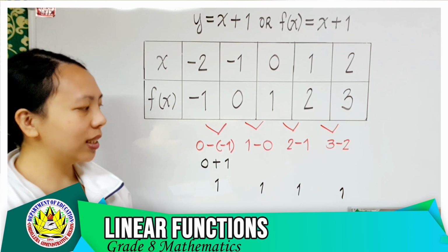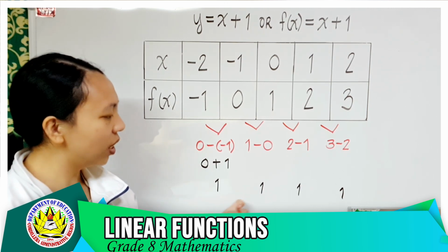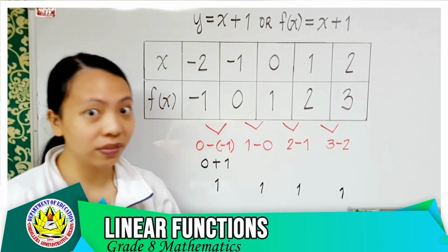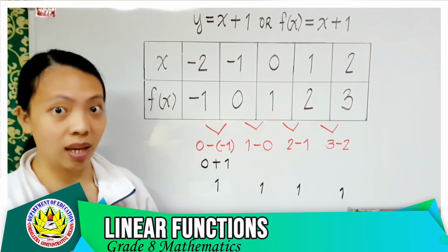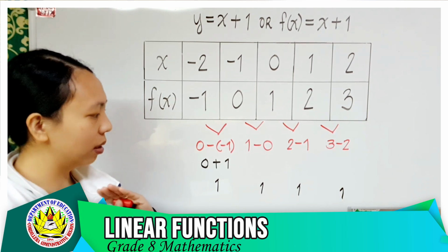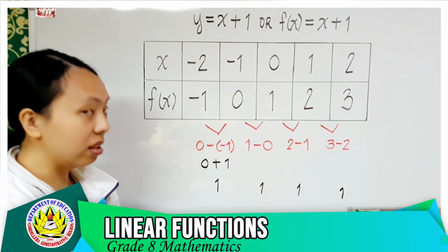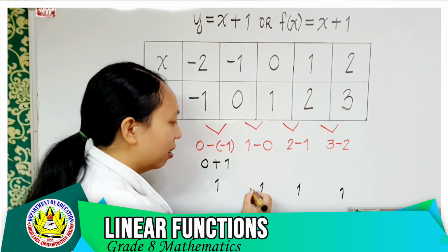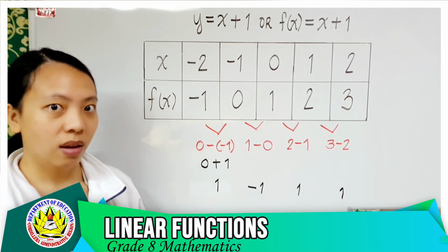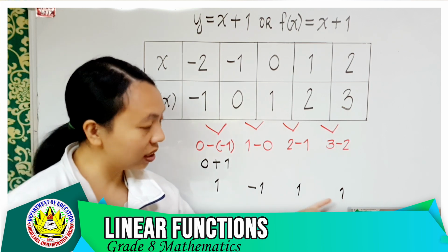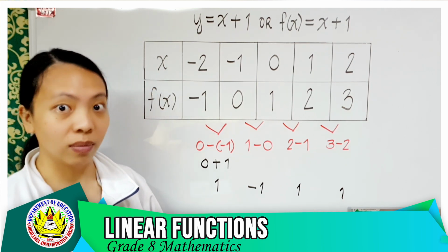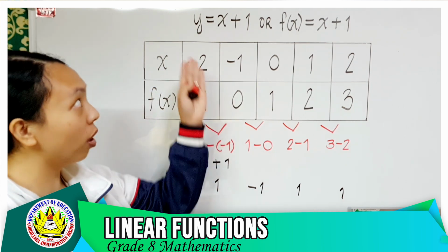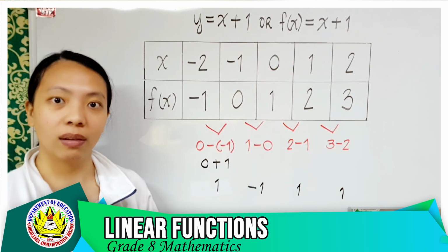In case the first differences in the y values are not the same, for example, 1 here, just in case, is -1. The first differences in the y values are not the same. What can we say, therefore, about the given equation?